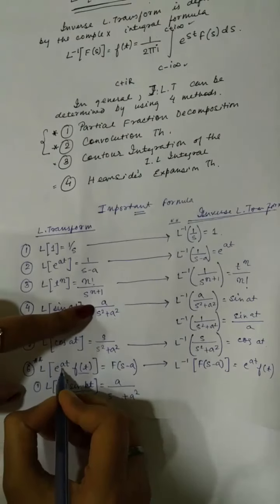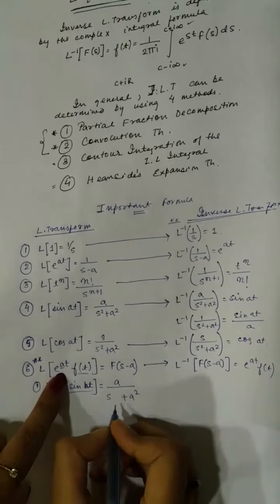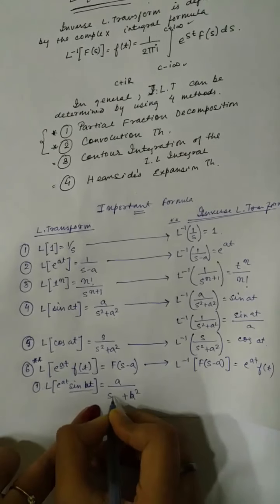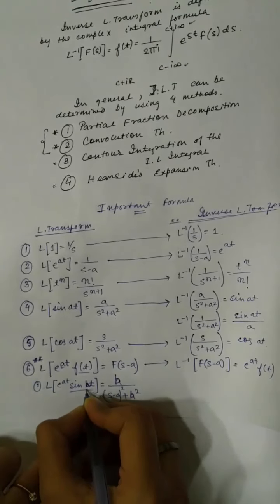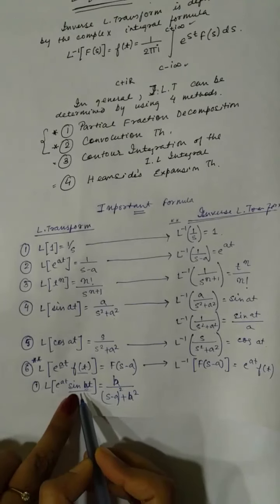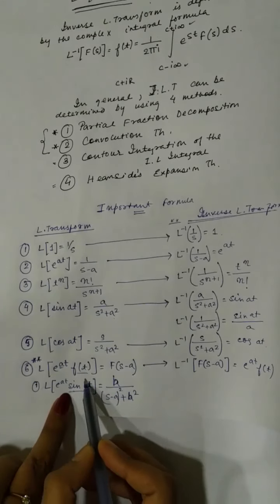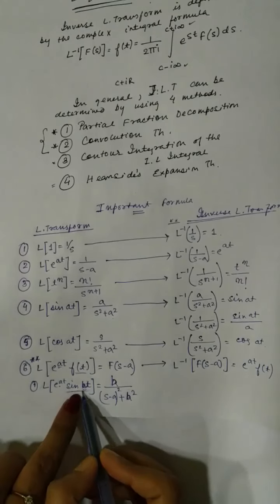Here a means the coefficient of t in e to the power at. So over here it becomes s minus a whole square plus b square, and the numerator is b because we have sin bt, right? What we have done is the function e to the power at is multiplied with the function sin bt.